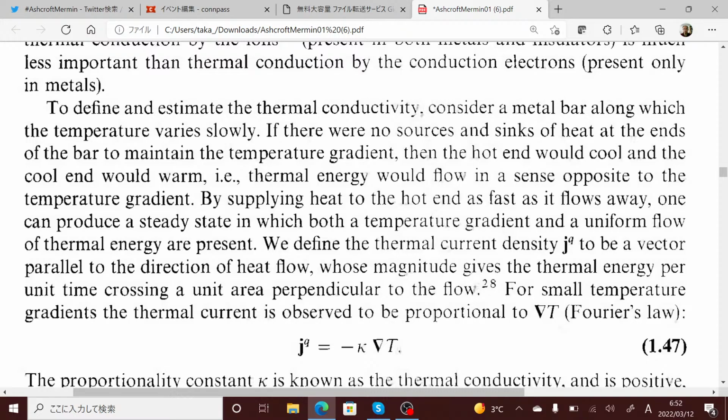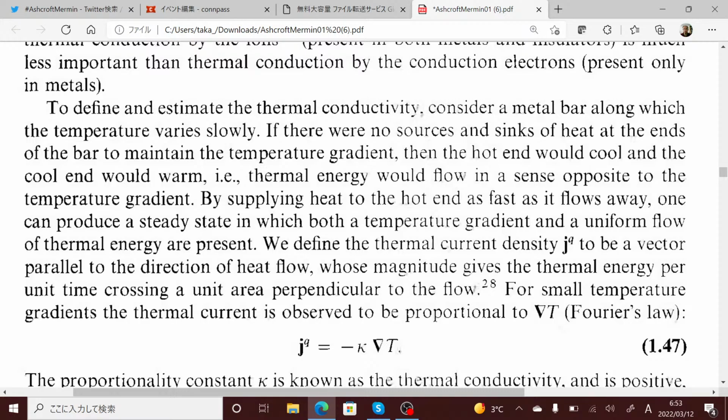If there were no sources and sinks of heat at the ends of the bar to maintain the temperature gradient, then the hot end would cool and the cool end would warm.